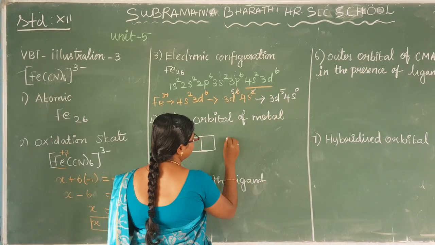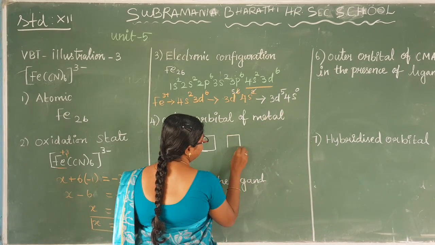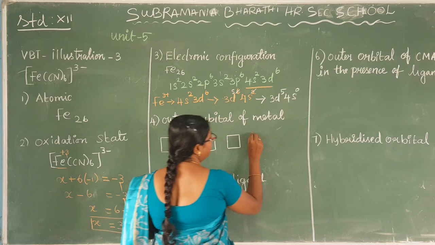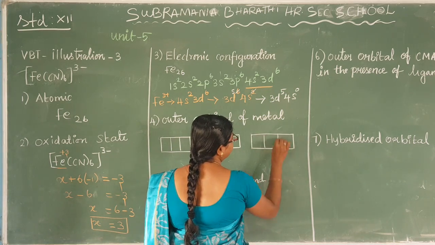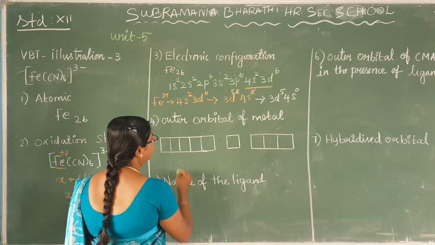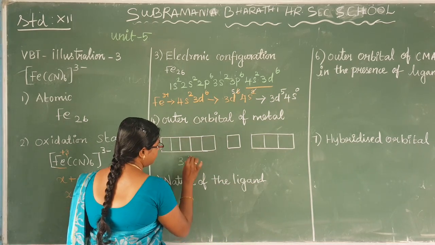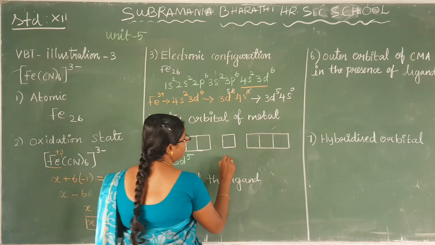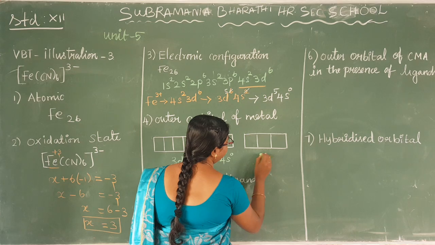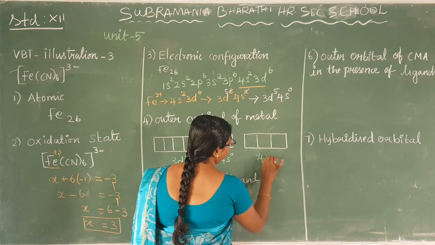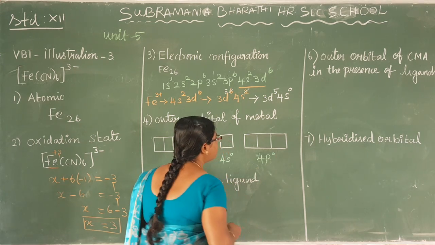Then the 4s orbital, which has only one, and the 4p orbitals. So it is 3d5, 4s0, and this is the 4p orbital, which is also empty.